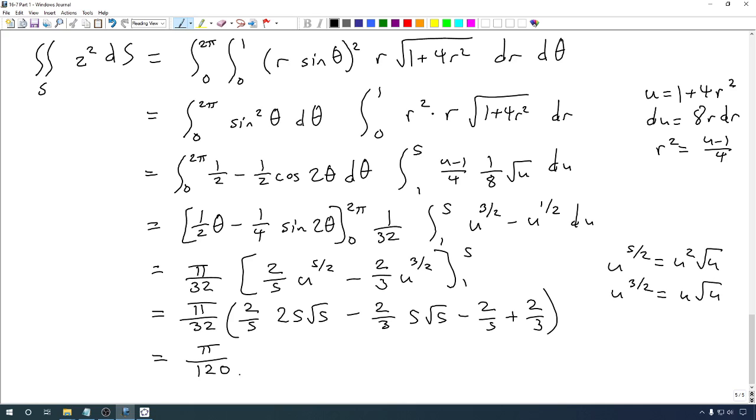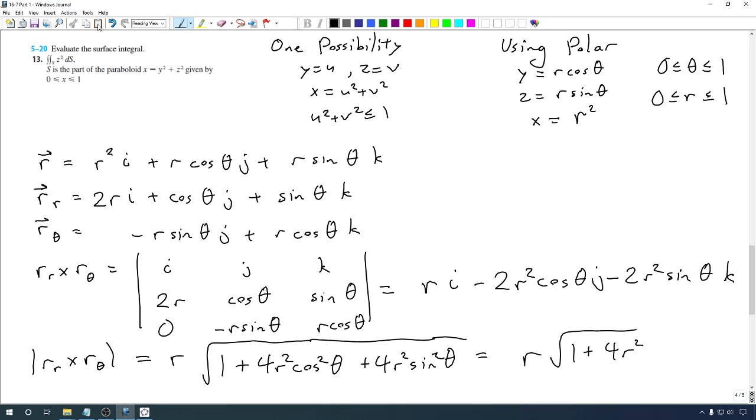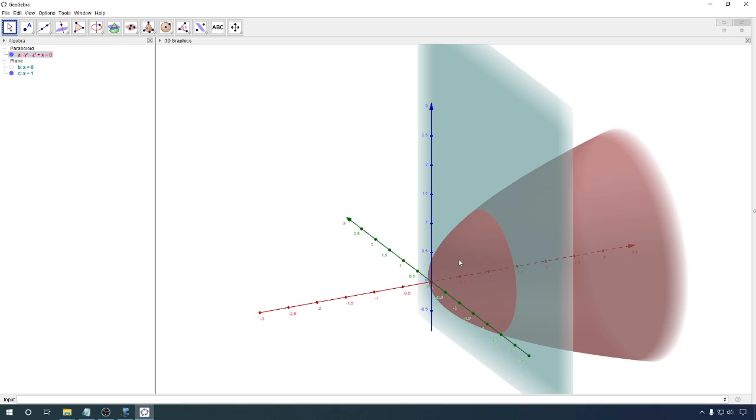My denominator gets changed to a 120, and on the inside here, I have a 25 square root of 5 plus 1. So, if you want, you can try to figure out how I got to that. But I think that's the nicest way of writing it. There's not really better ways of doing that one. So that is the integral of z squared over the tip of this paraboloid.